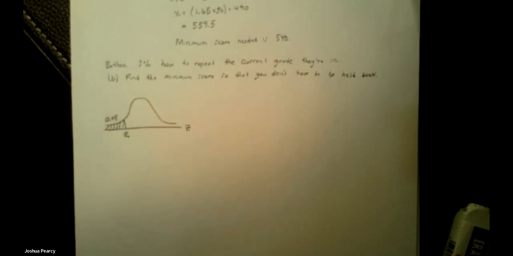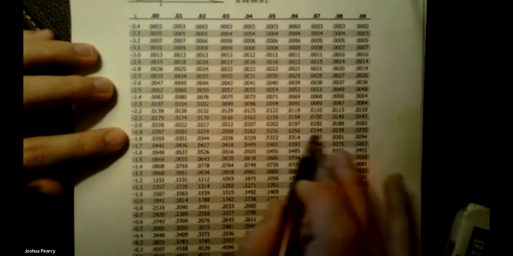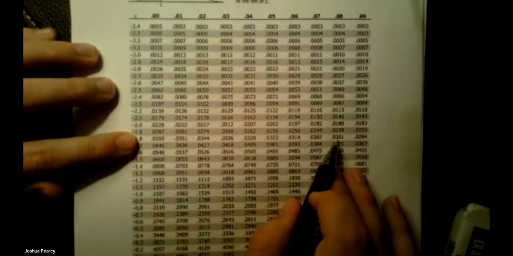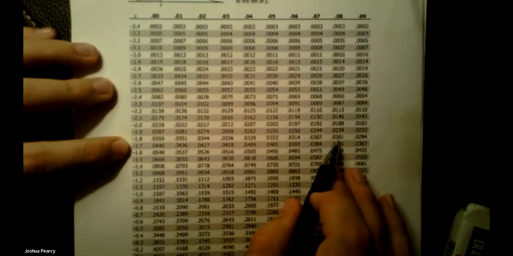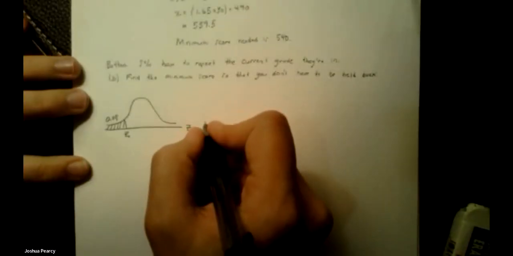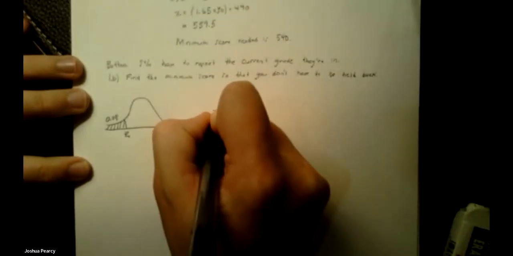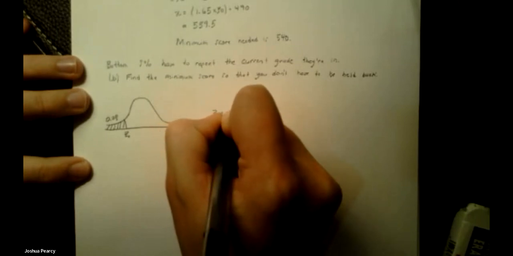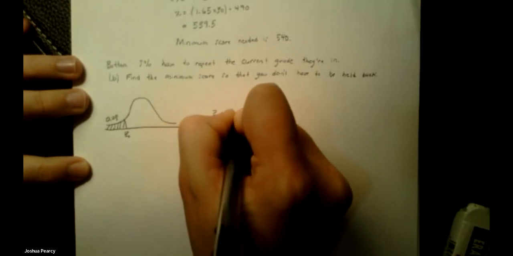And if you do that, let's see what it is. The closest to 0.03, here we are, we'll just use this one, 0.0301, minus 1.88. So z naught is minus 1.88.